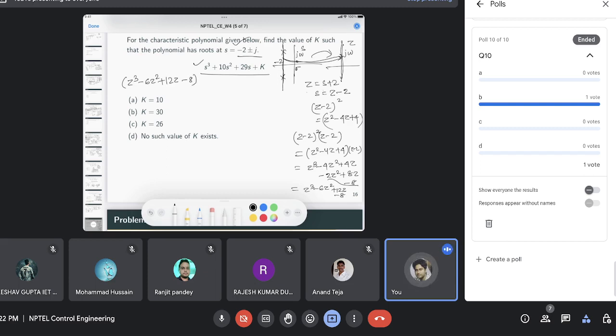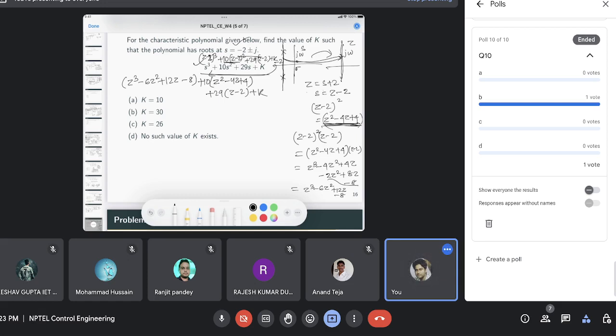Similarly, 10 times z minus 2 square is this. So what I am doing is, instead of s I am putting z minus 2, right? z minus 2 cube plus 10 z minus 2 square plus 29 z minus 2 plus k, and I am just rewriting this, expanding all terms. So plus 10 times this one, z minus 2 square, which I did as z square minus 4z plus 4, plus 29 z minus 2 plus k.